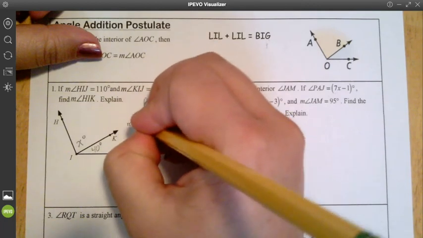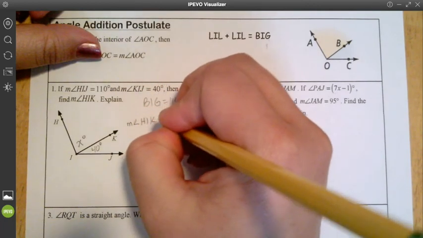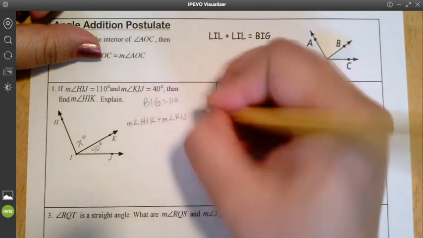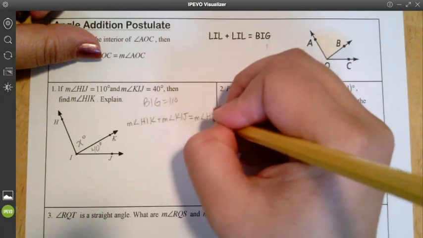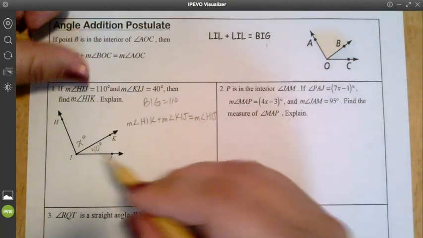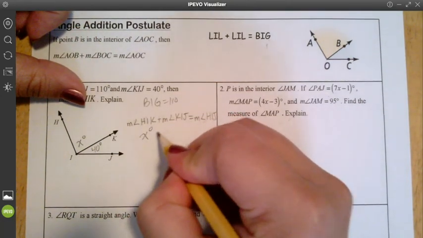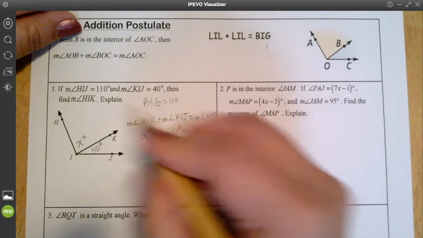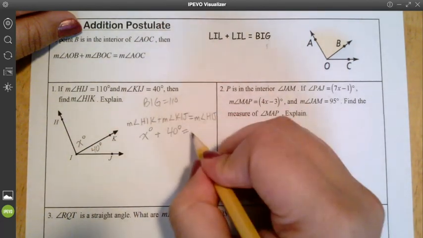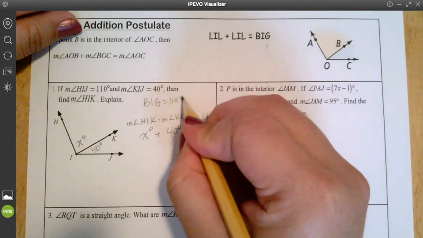Measure of angle HIK plus measure of angle KIJ equals measure of angle HIJ. HIK, that's our unknown. KIJ is our 40 degrees. And HIJ, that was our big one, is 110 degrees.